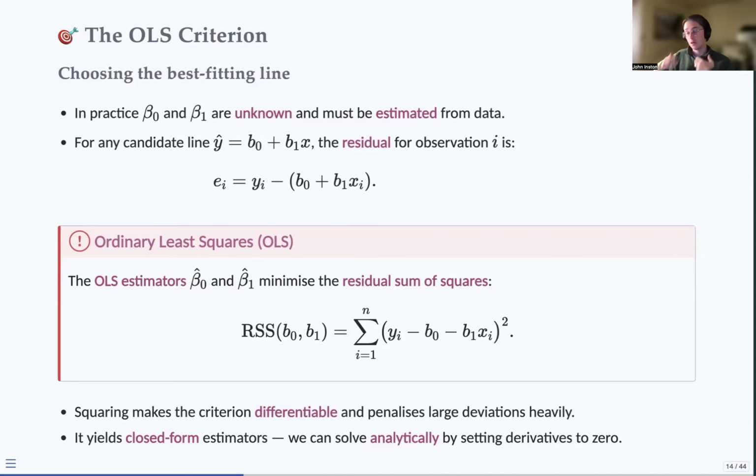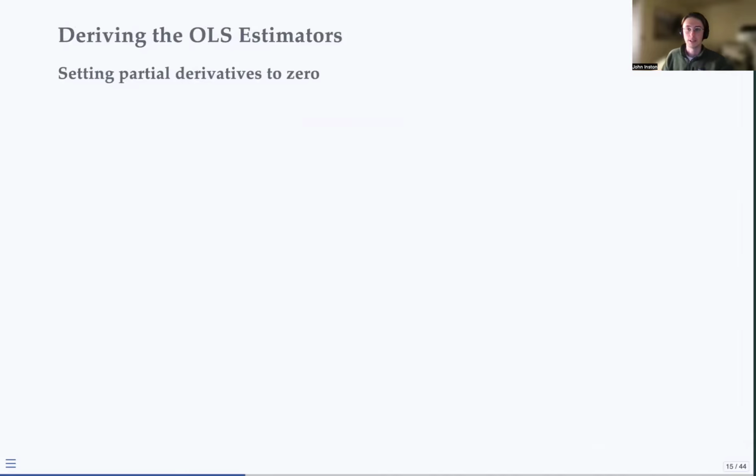So that is our plan going forward: now that we have this residual sum of squares, if we differentiate with respect to B0 and B1, we can then solve those by setting them equal to 0 and solving those equations to hopefully receive some closed form solutions for the parameters. And that is the method of ordinary least squares estimation.